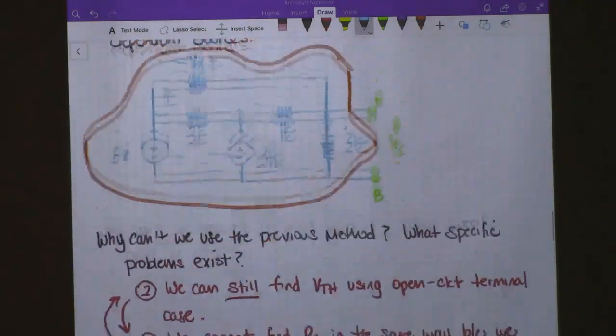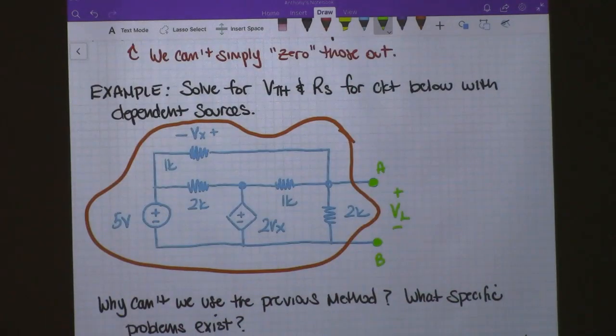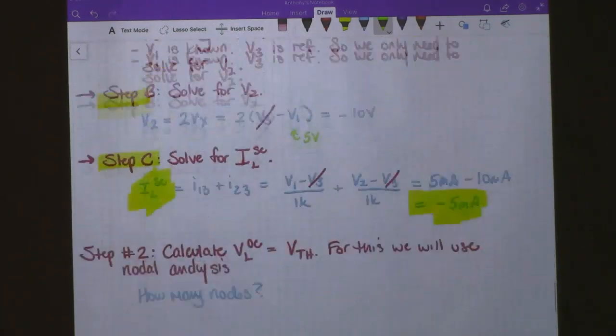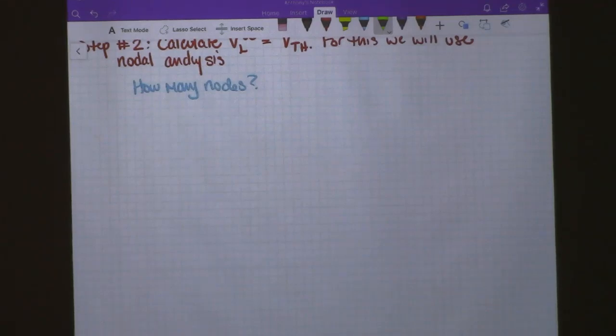If we go back up here, there's 1, 2, 3, 4 nodes. So we have one more node because there's no short there to take away the two nodes. So going back down here, 4.